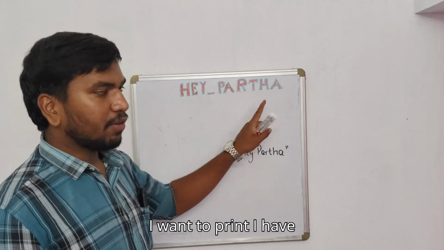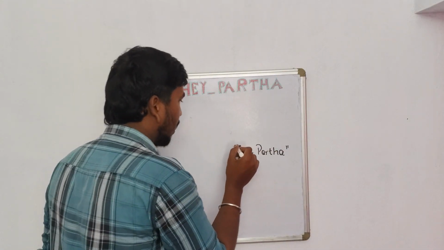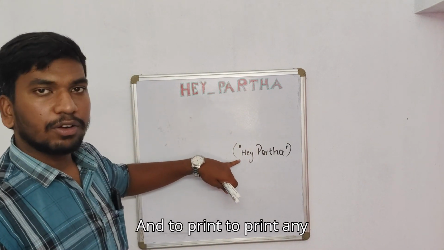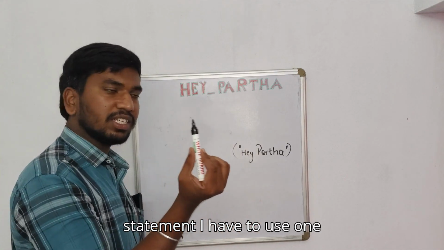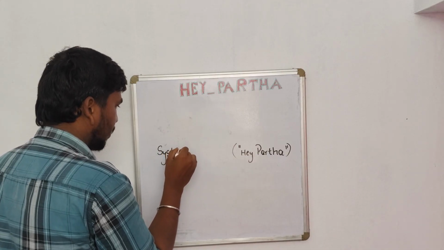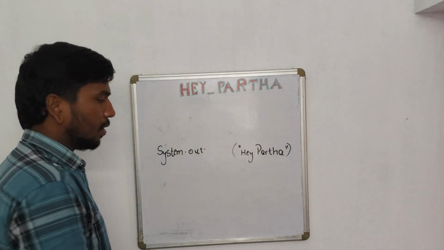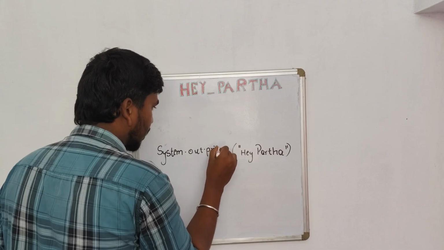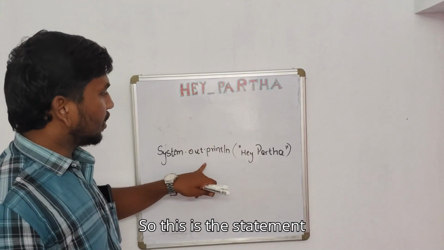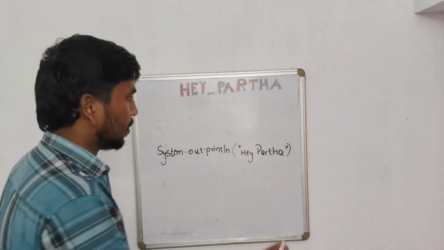Any statement I want to print, I have to put it in double quotes, in brackets, and to print any statement, I have to use one statement called System.out.println, or print, whatever it means.